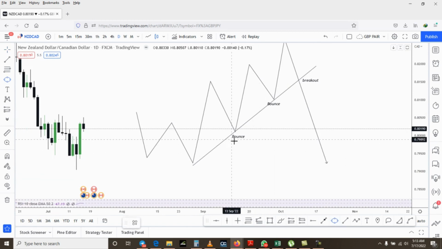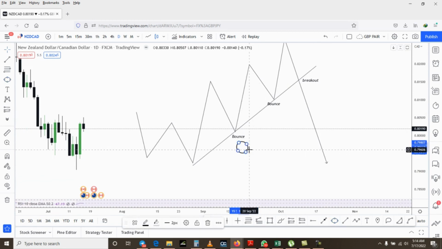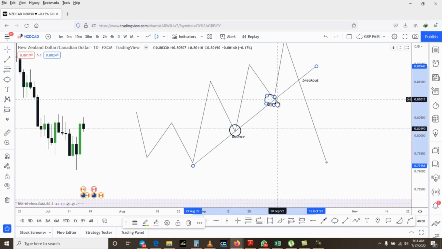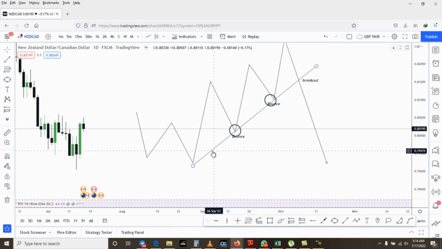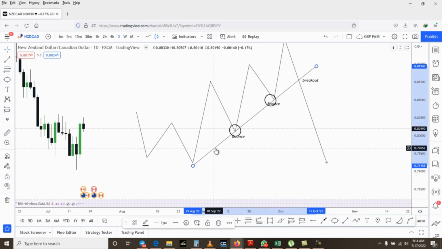So these are the only two possibilities.